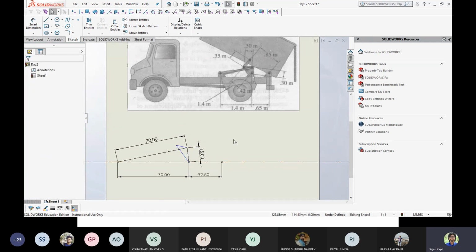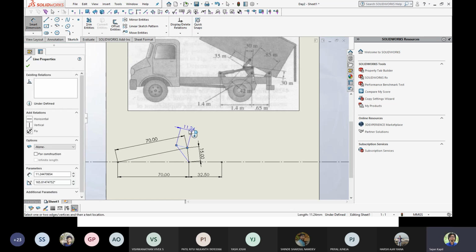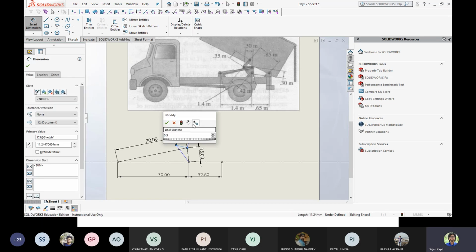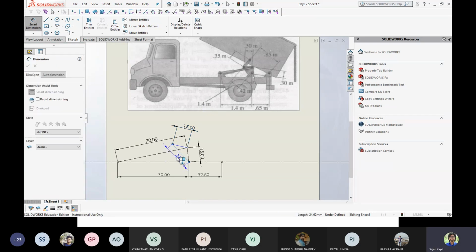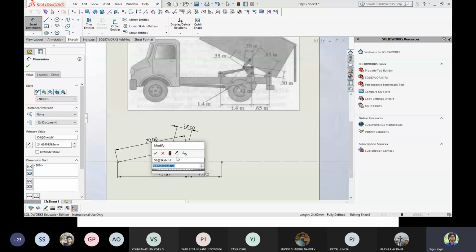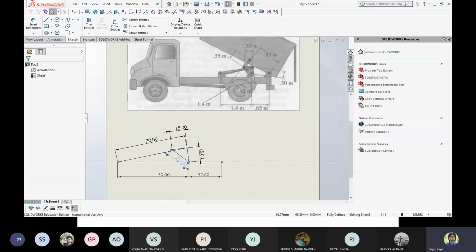So I'll just draw this. In your case, you can put your compass here, make an arc, and put your compass here and make an arc of distance 0.3 multiplied by whatever your scale. In my case it is 0.3 into 50, and this distance, how much is it? 0.42 into 50, correct?